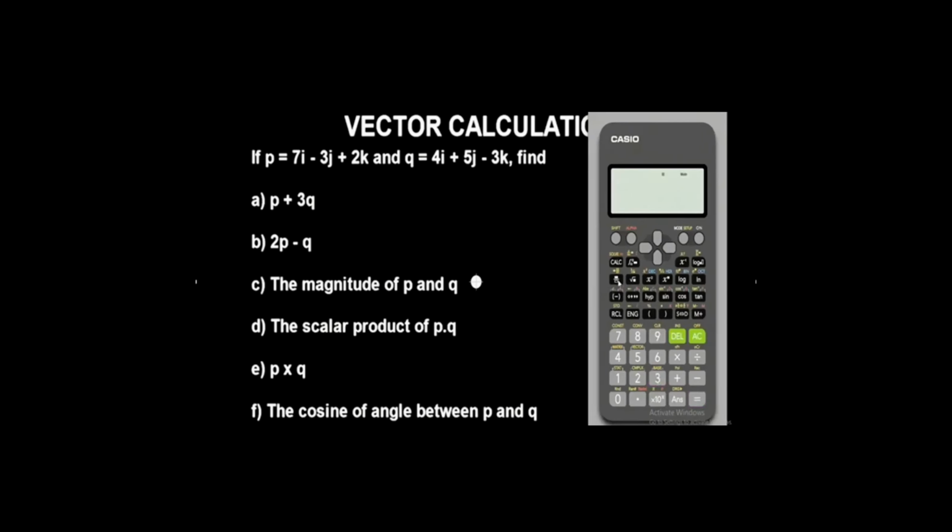So in the fraction, the dot product we got to be 7, and the absolute value or magnitude of vector P was 7.87, times that of vector Q, which was 7.01.